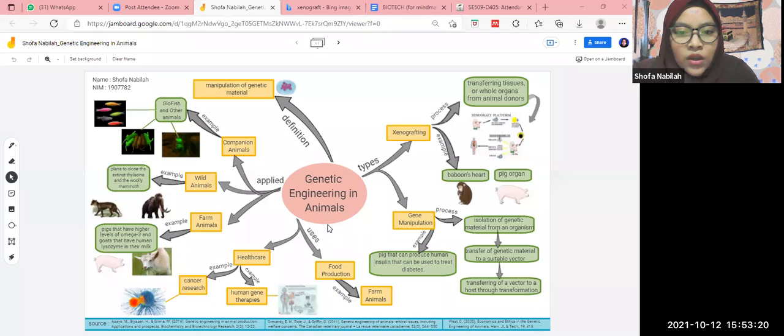Genetic engineering in animals can also be used for food production and healthcare. For food production, as explained before, farm animals are engineered for high food quality. For healthcare, the examples are cancer research and human gene therapies.